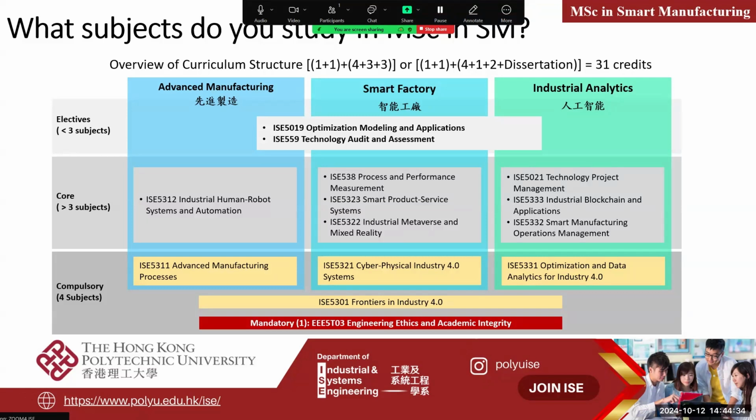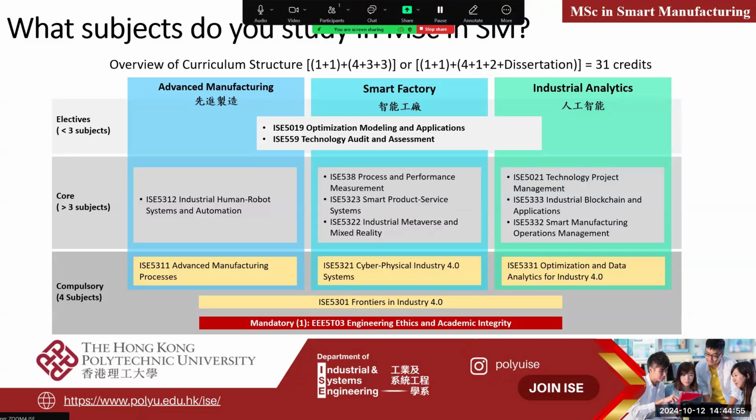This is based on what you want to do in your career, so you can have your own direction based on our subject structure. I will give you a brief introduction to each of these courses.